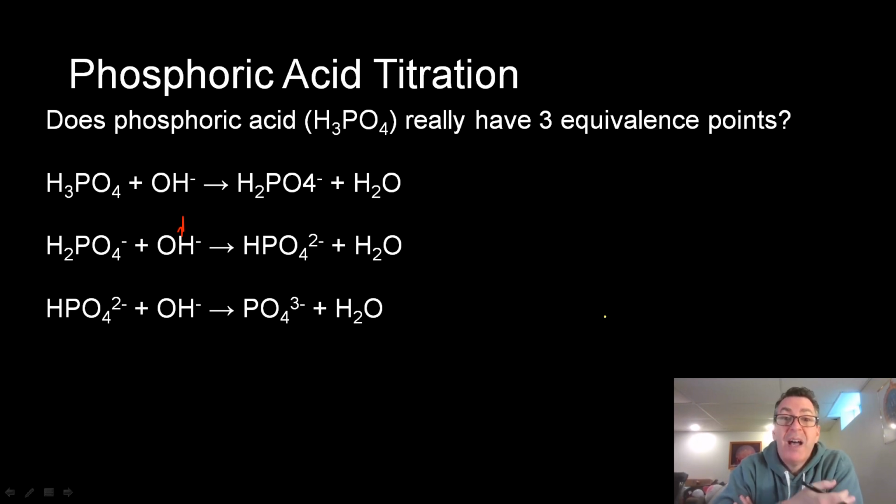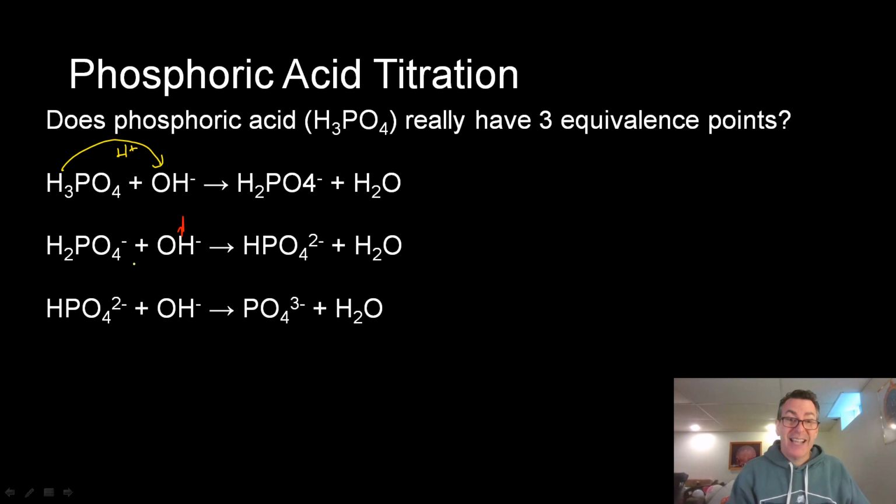When you react an acid, the hydrogens react really one at a time, right? So with H3PO4, we transfer 1 hydrogen. If we add just 1 equivalent of hydroxide, that's going to consume 1 of the 3 hydrogens that this triprotic acid has, and it forms H2PO4- and a water molecule.